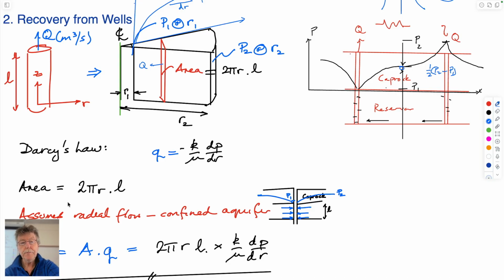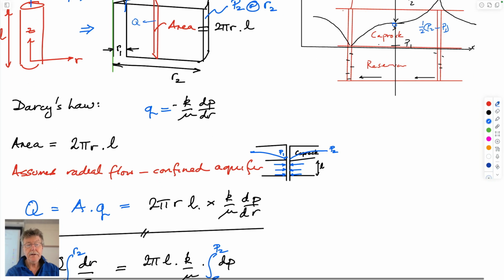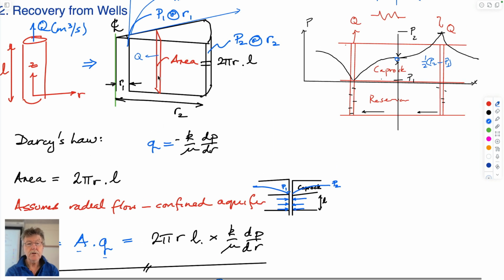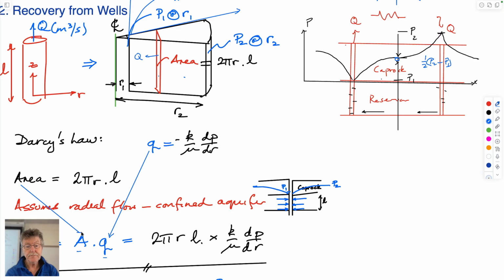And so if you multiply Darcy's law by an area times the velocity across the surface, this product has to be constant no matter where you do it, here or here or here. So if we substitute Darcy's law in here, we substitute the area in here. The area, this length here, changes as a function of radius.